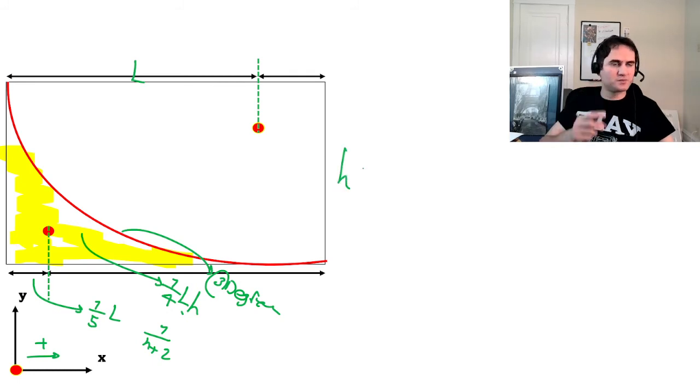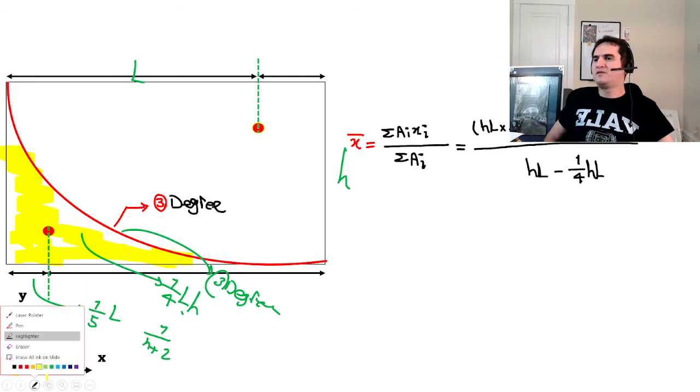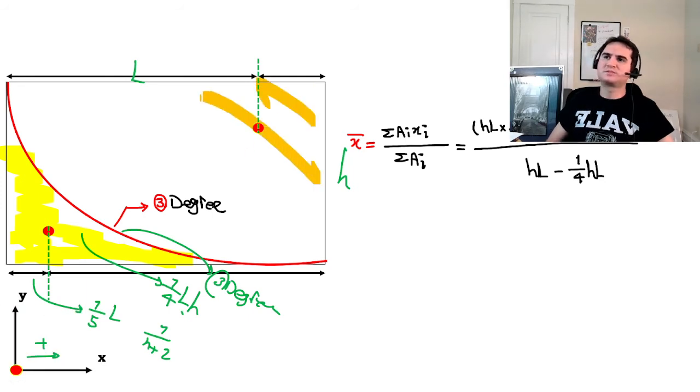And like the previous problem, we just need to calculate the centroid for the bigger chunk of area, which is this part.